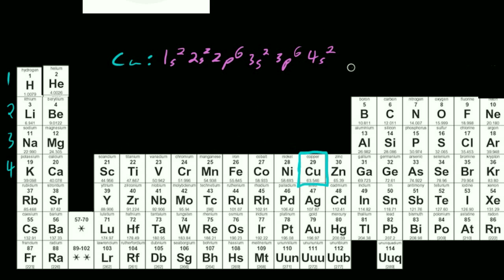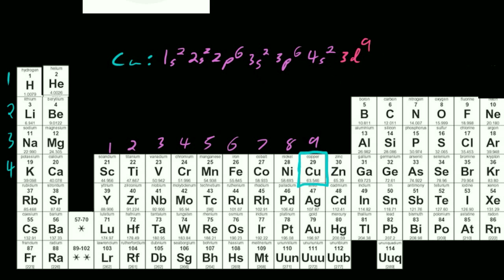So we're getting ready to put in our 3d electrons. We count over. We're going to need 1, 2, 3, 4, 5, 6, 7, 8, 9. So what we would expect to put into our D block would be 3d9, right?